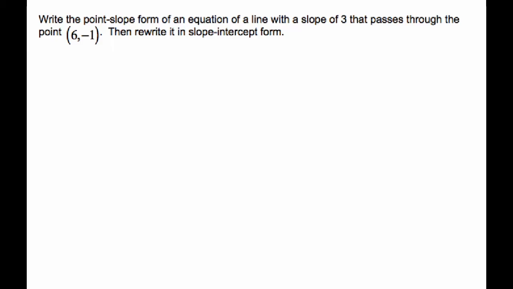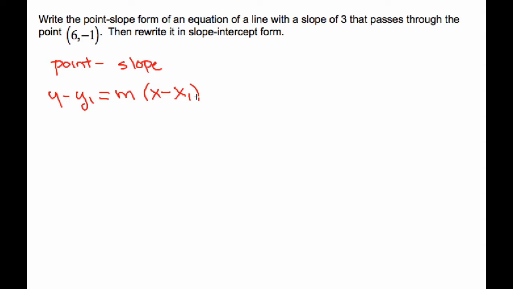We want to write the point slope form of an equation of a line with slope 3 that passes through the point 6, negative 1, and then we'll rewrite it in the slope intercept form. So let's go ahead and start with the point slope form itself. That form is y minus y1 is equal to m times x minus x1.